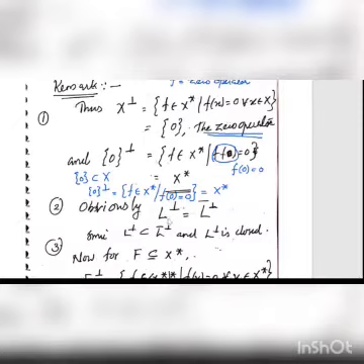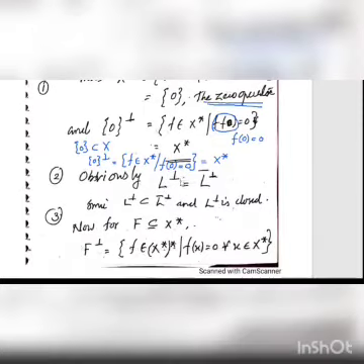Now here is one more result. If I am finding the closure of the annihilator, it will be the same as the annihilator of L. This follows from two facts. One fact is that the annihilator of L is contained in the annihilator of L closure, since A is contained in A closure.